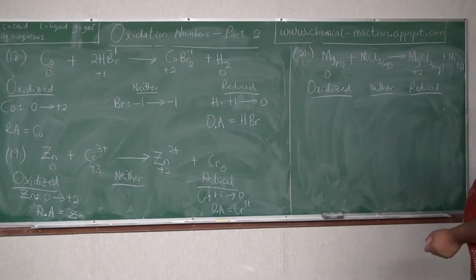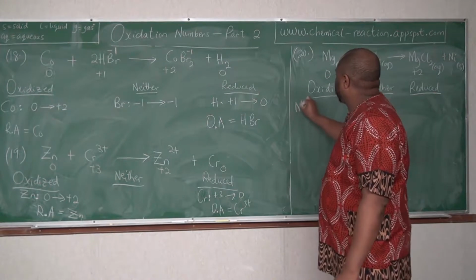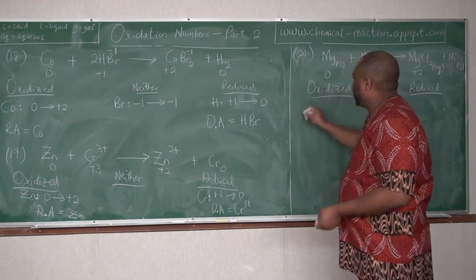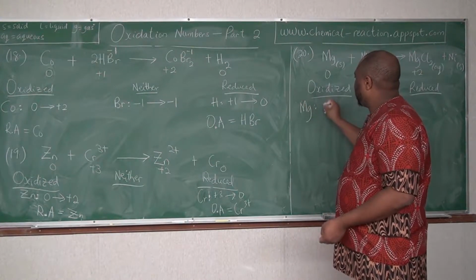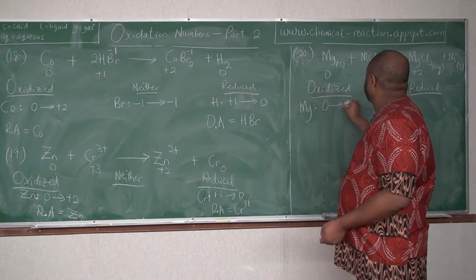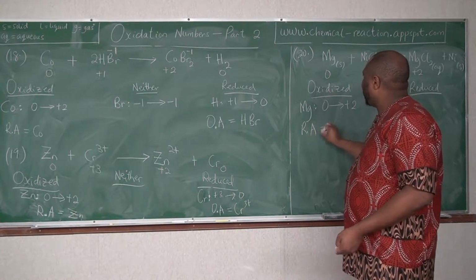We know that the oxidation number of group 2 elements is always +2. So magnesium is oxidized because it goes from 0 to +2. And the reducing agent is this magnesium.